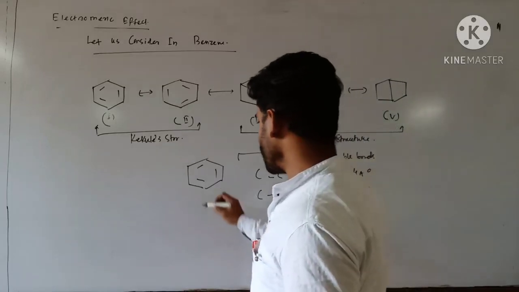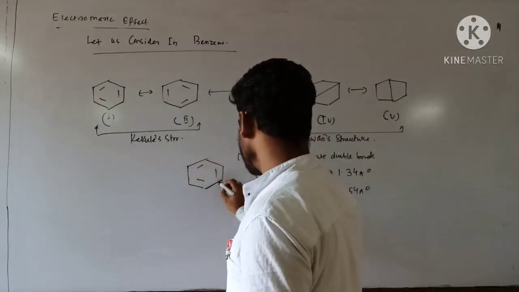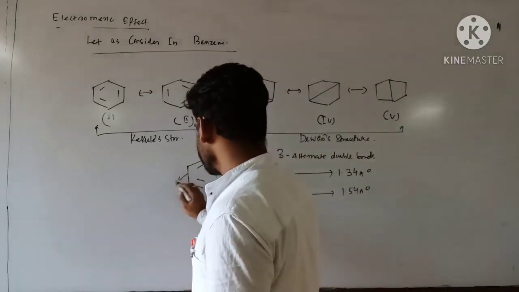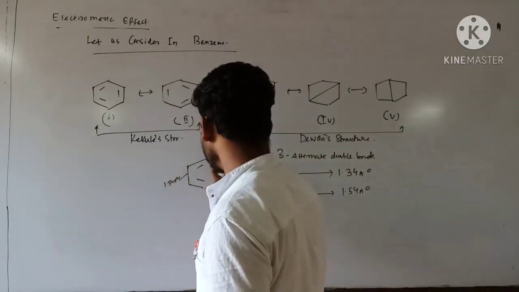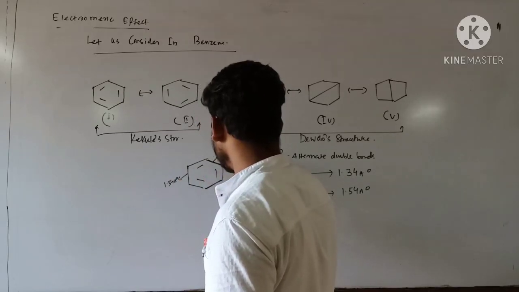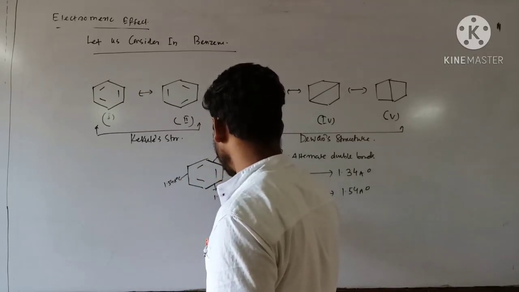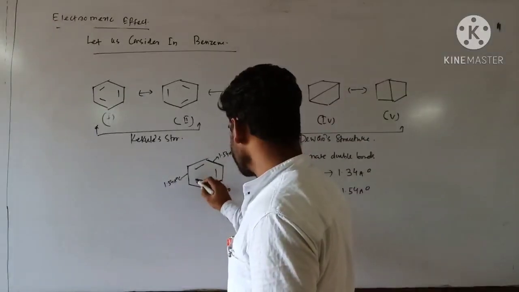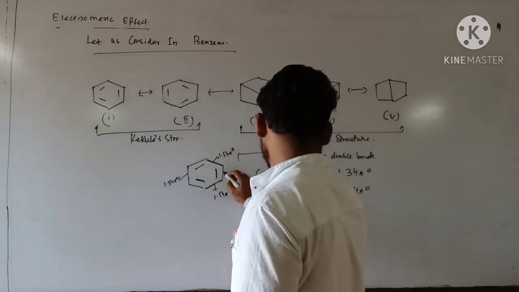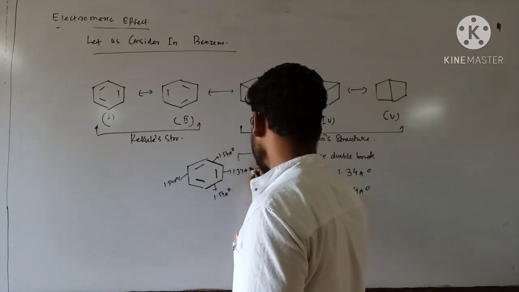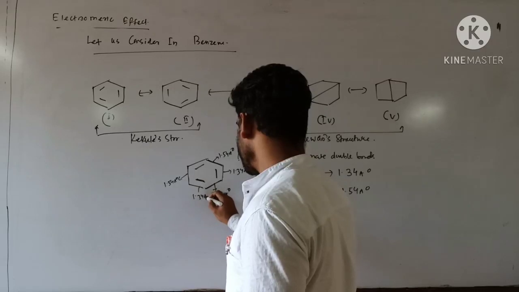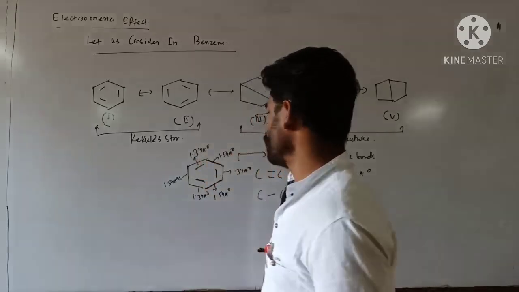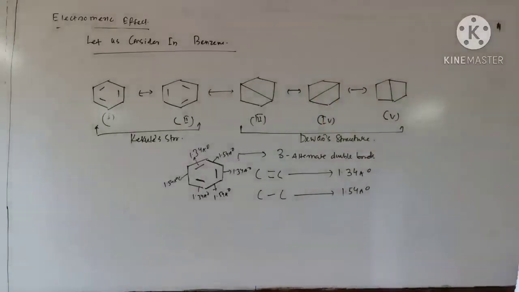So how many carbon-carbon single bonds are there? 1, 2, 3. So these 3 single bonds should be 1.54 angstrom each. And there are 3 alternate double bonds also. So these double bonds should have bond length 1.34 angstrom each. So this should be our real data.